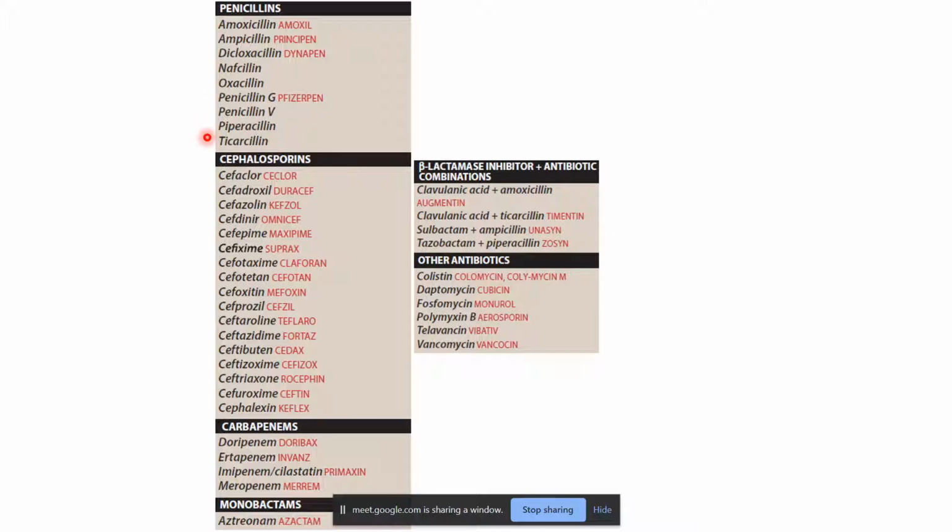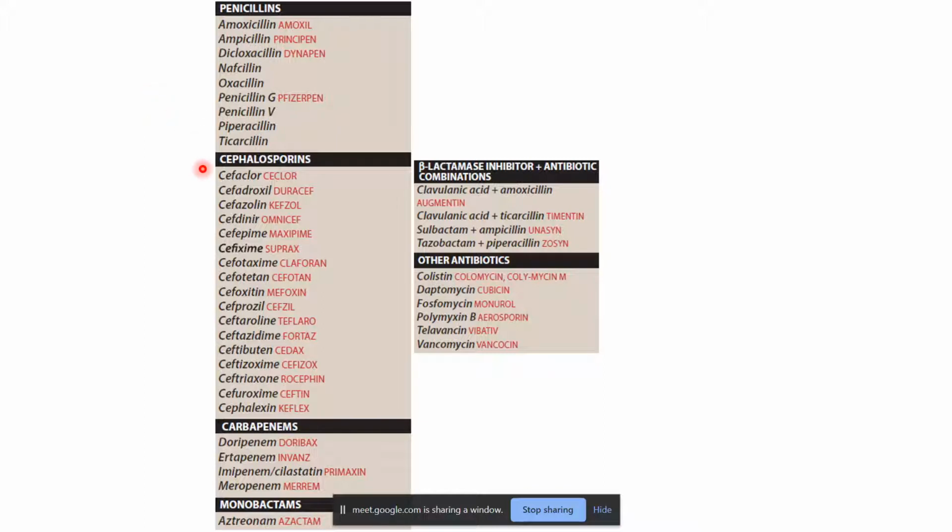Piperacillin and ticarcillin are anti-pseudomonal, so we will talk about them too. But mostly you will use amoxicillin, which is actually the primary penicillin available today.